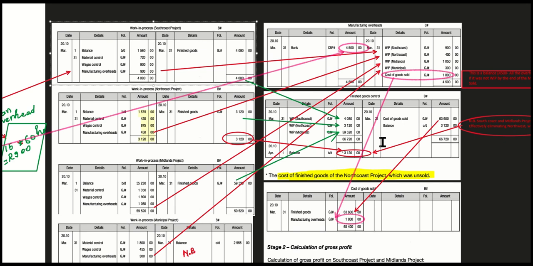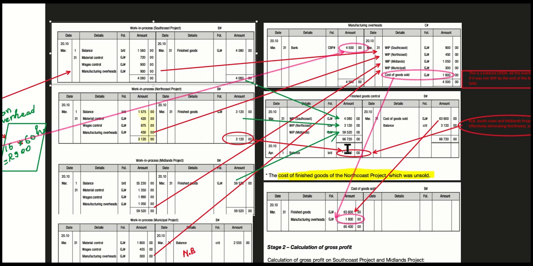That's why on the other side, for the cost of goods sold, we are not going to take into account North Coast. That 3,120 belonging to North Coast work in process will not be taken into account. And that's why it is excluded on one side of the ledger.